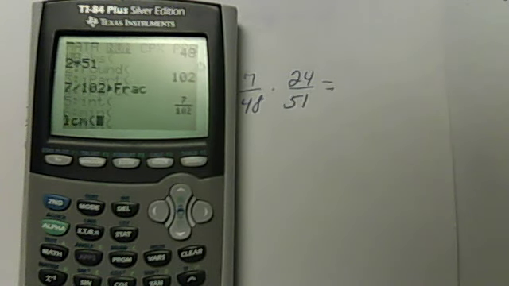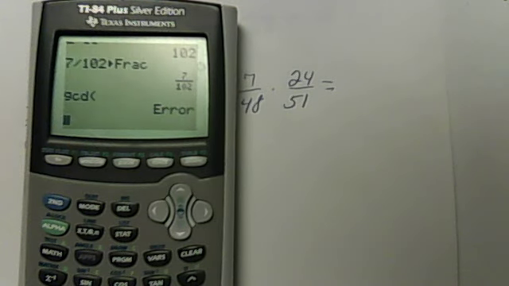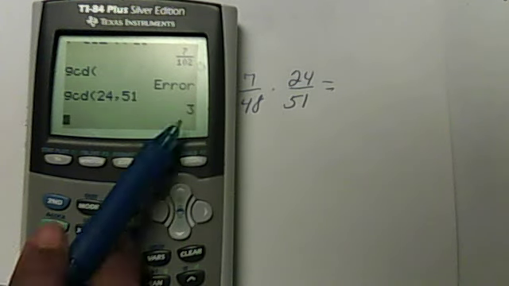Math, num, 9. Right? And we'll find our GCF. I hit enter too fast. Alright, so math num 9, I'm going to put in 24 and 51 because I know they have a common factor. Their factor is 3.